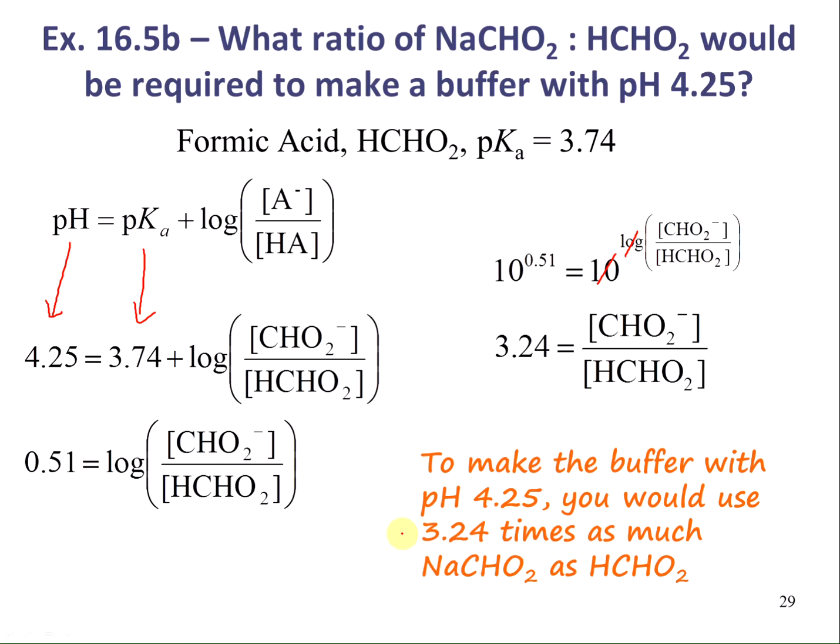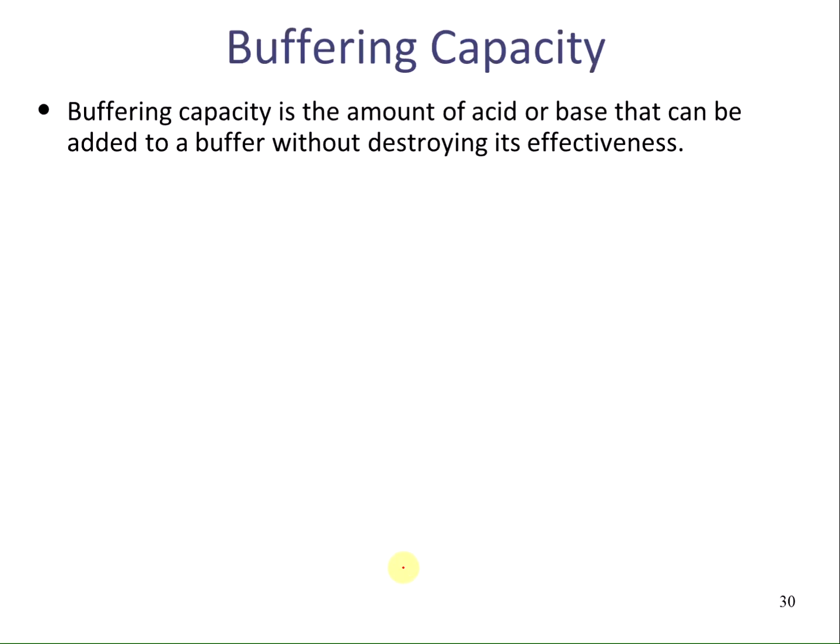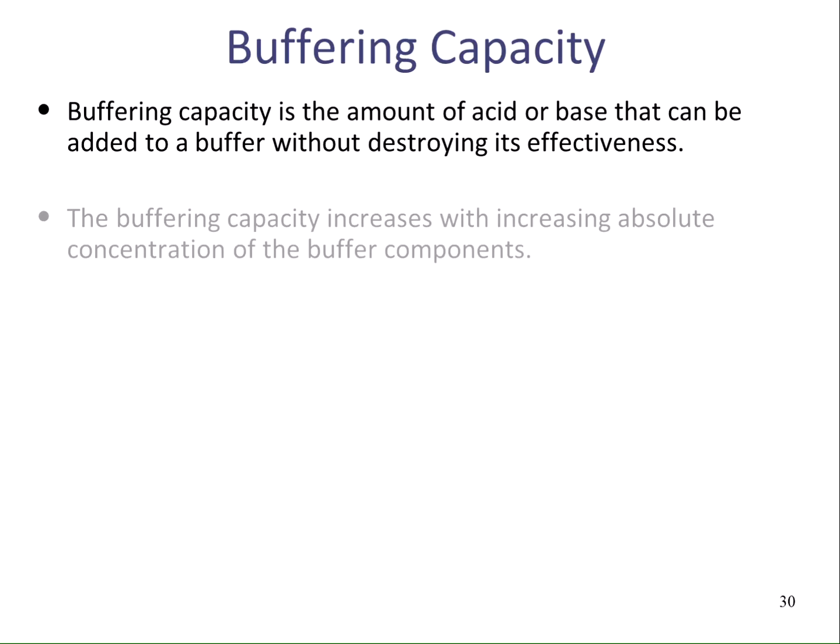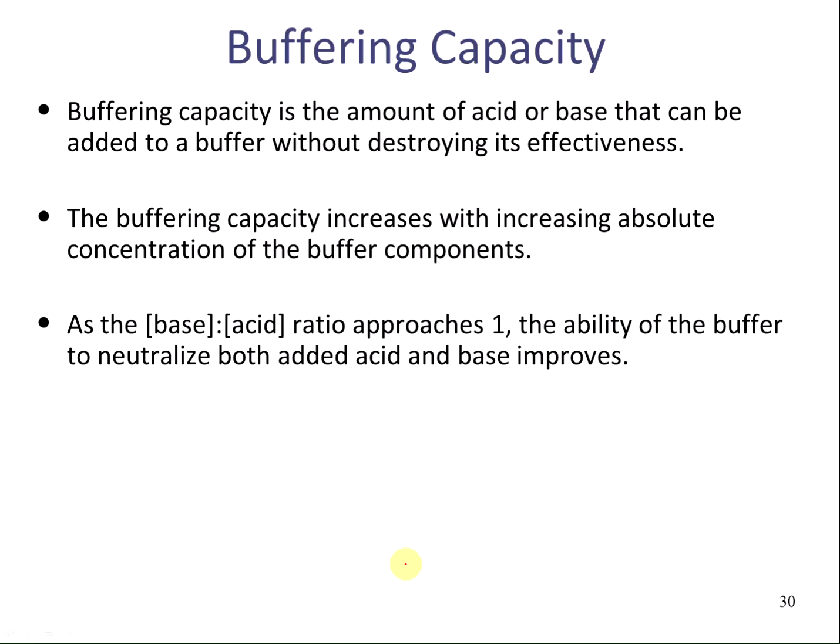The buffering capacity is the amount of acid or base that can be added to a buffer without destroying its effectiveness. And the buffering capacity increases with increasing absolute concentration of the buffer components. As the base to acid ratio approaches 1, the ability of the buffer to neutralize both added acid and base improves.